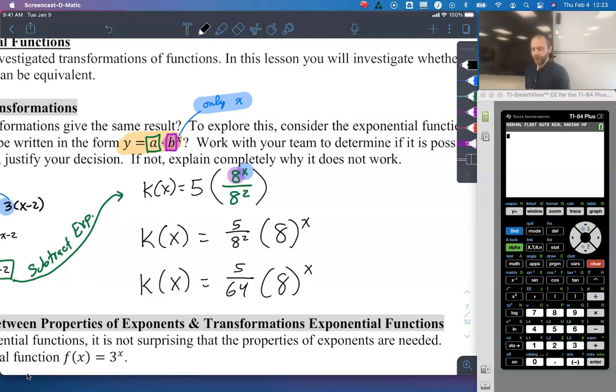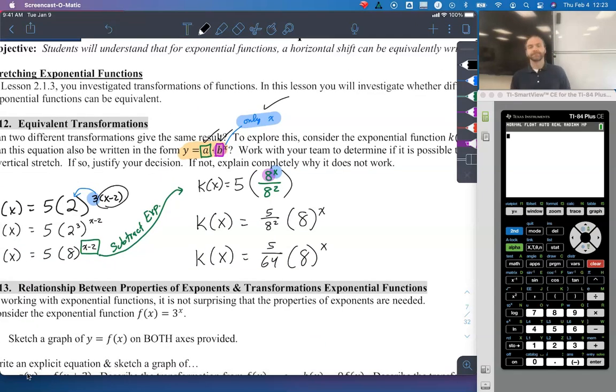So, only x, check. A single base, check. A coefficient, check. There I have it. So is it possible to rewrite a transformation in a different form? Because really, what you have to look at is, this right here is a horizontal shift. X minus h, x plus h, those are horizontal shifts when it's paired up with the x value.